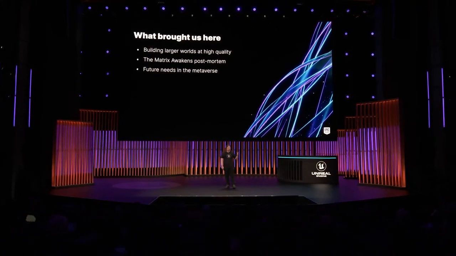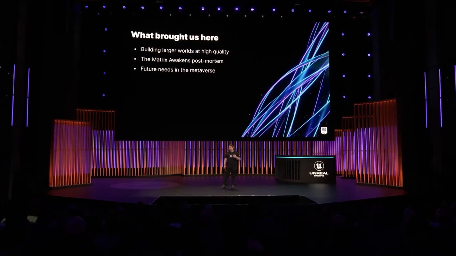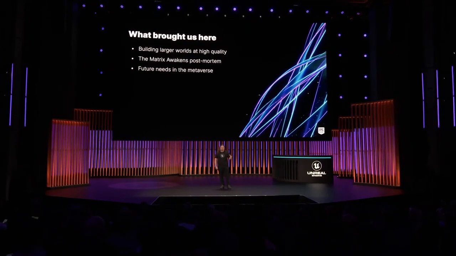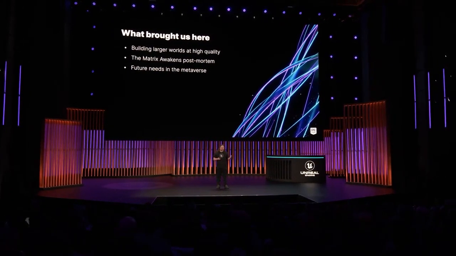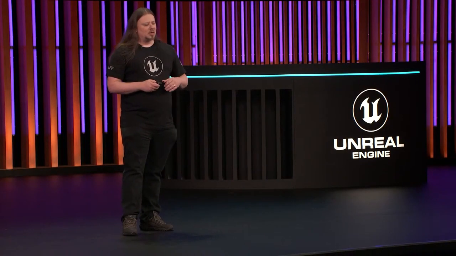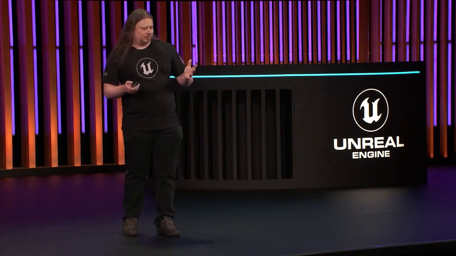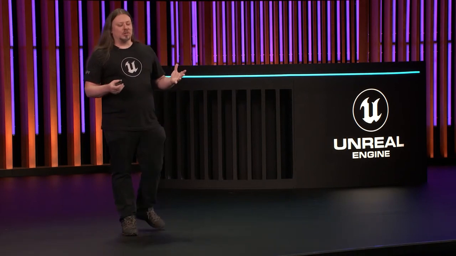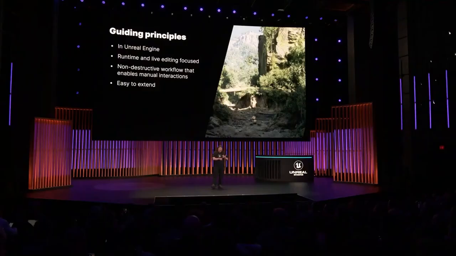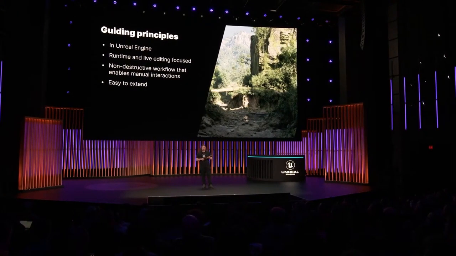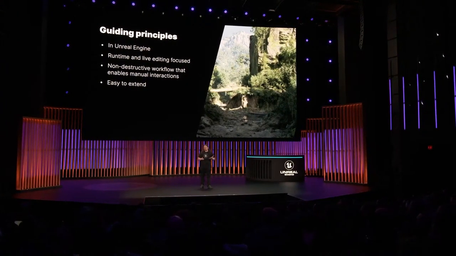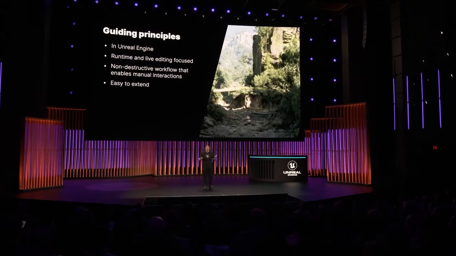And as you might have heard just a couple of minutes ago, with UEFN, more and more people are going to have their hands on UE, and we wanted to make procedural content generation a lot more accessible. So all of this drives the vision of what we're trying to accomplish here. We want procedural content generation in Unreal Engine, so no reliance on external processes, even though you can add them if you want.